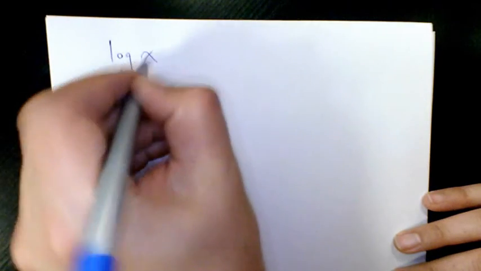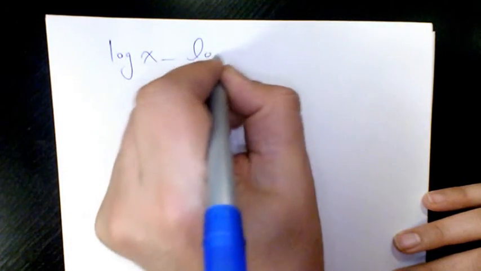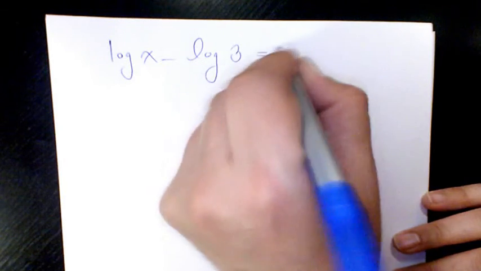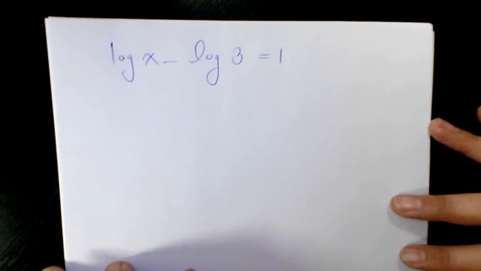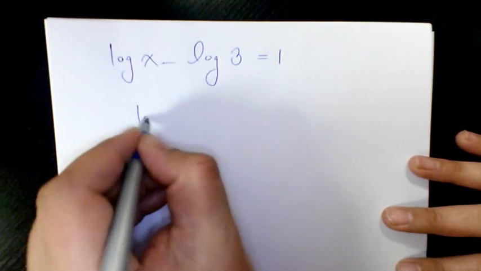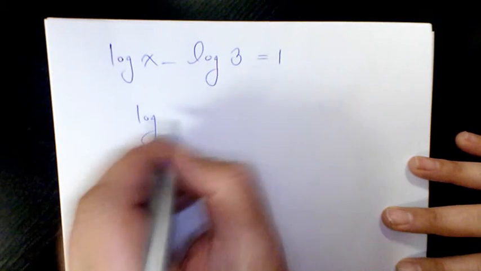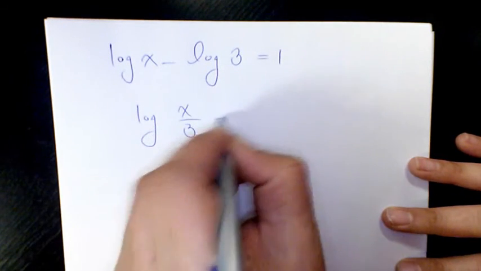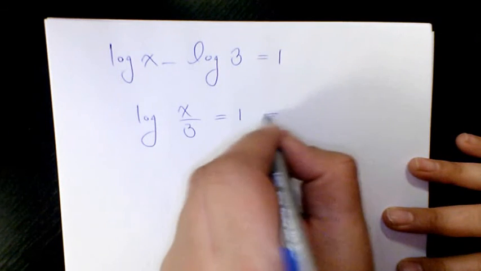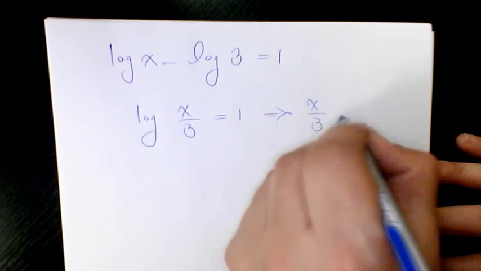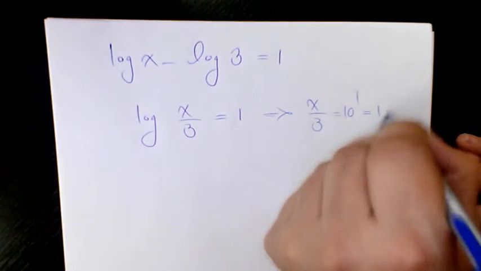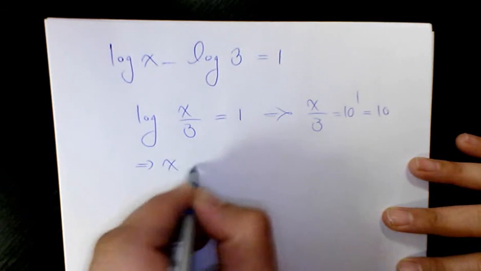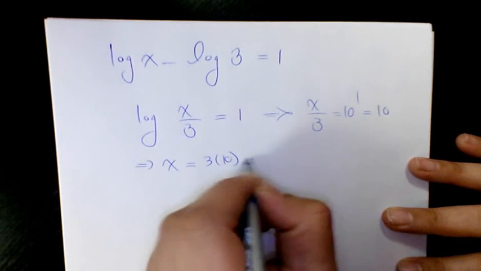Log x subtract log 3 equals 1. We can use the quotient law and say log x over 3 equals 1, which means that x over 3 equals 10 to the power of 1, which is 10. Therefore, x will be 3 times 10, and that's going to be equal to 30.